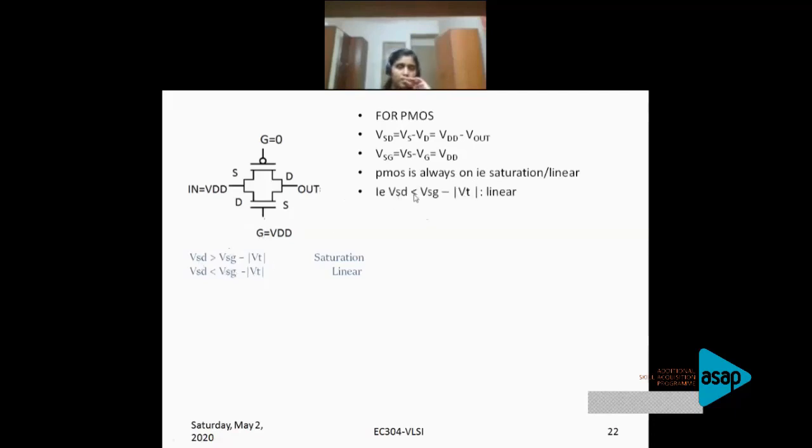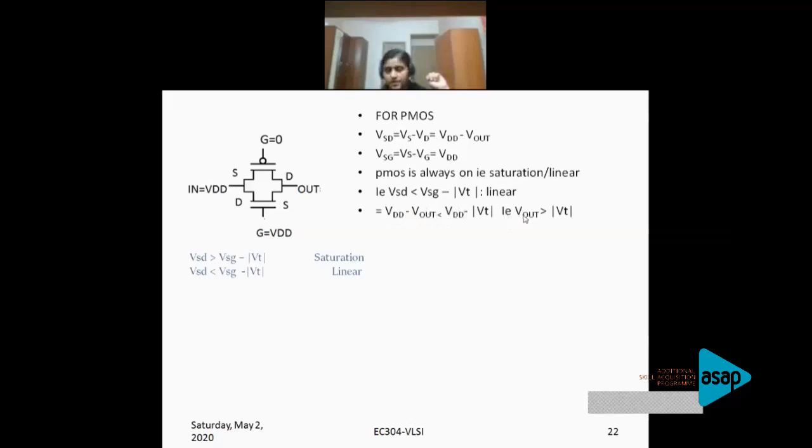According to our equation, when VSD is less than VSG minus VTH, it is in the linear region. Other way around, it is in the saturation region. So we take the equation first and then substitute for VSD and VSG from these two equations here. What I get here is VSD, which is VDD minus Vout, is less than VSG, which is VDD minus VTH. Then this is in the linear region. I can rearrange; I have VDD common here, so I can cancel that out and remove the negative sign.